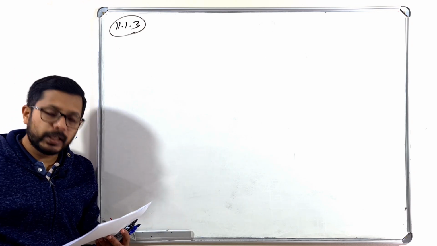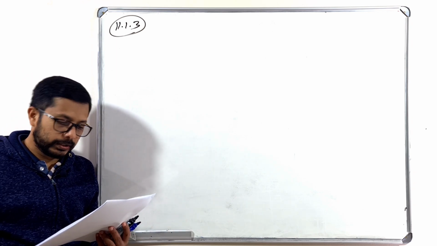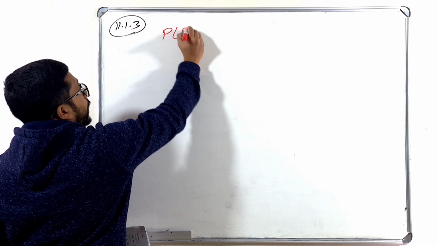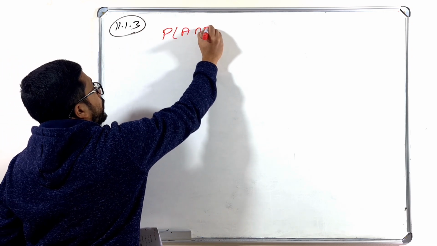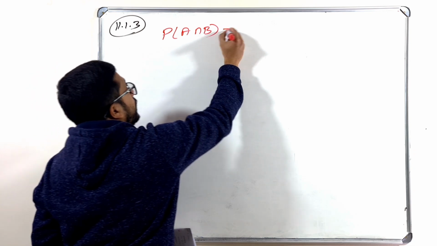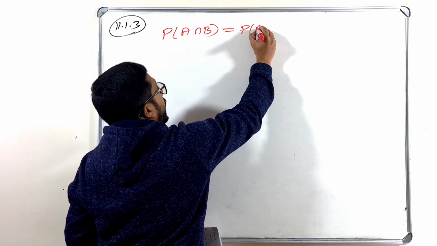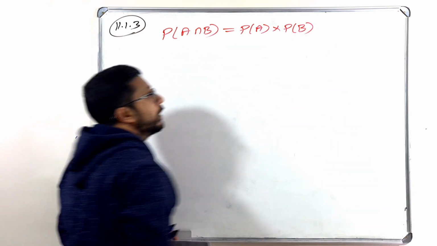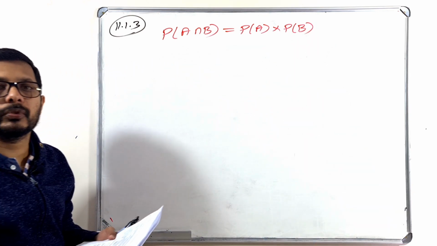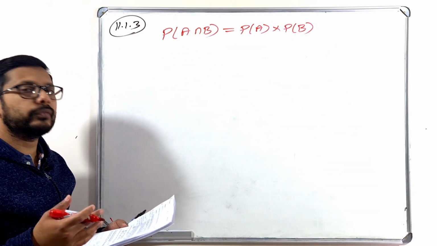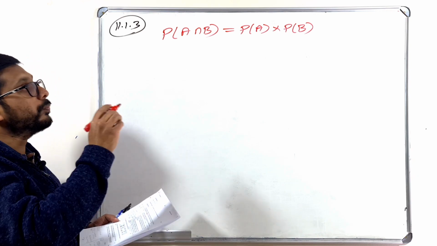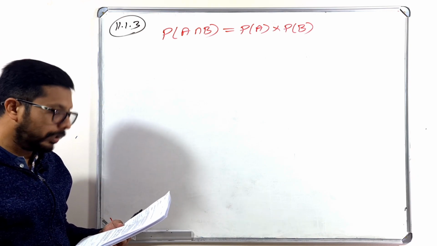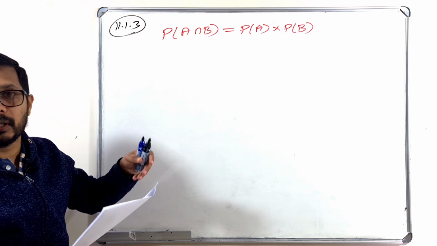The condition is: probability of A intersection B is equal to probability of A times probability of B. This is the condition we can use to find whether two events A and B are independent or not.